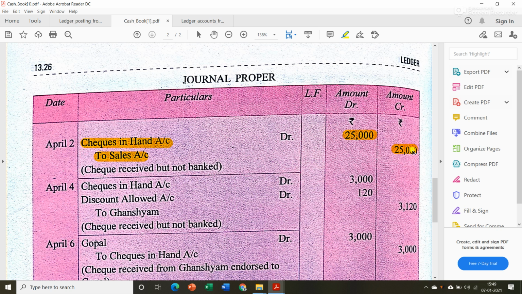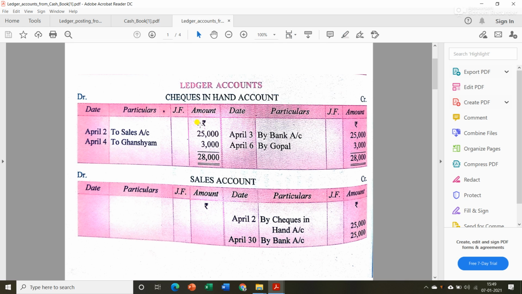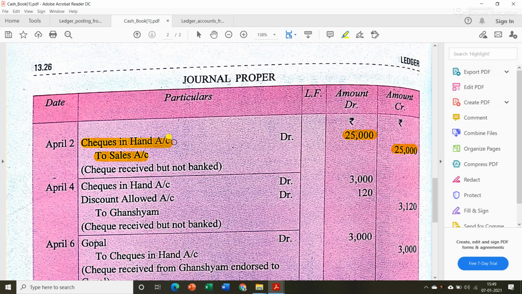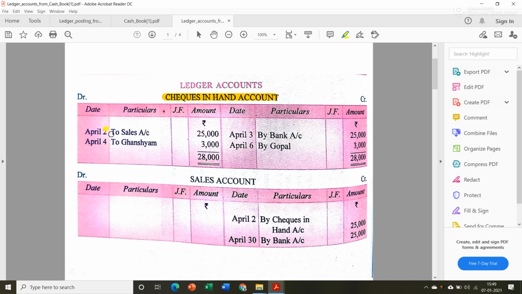Now from this transaction you can start preparing your ledger accounts. How? Let me show you. In this journal entry we have first the account checks in hand, so in the ledger also we have to prepare checks in hand account first. While preparing this checks in hand account, we have another account, sales account, 25,000, so simply we write to sales account 25,000.